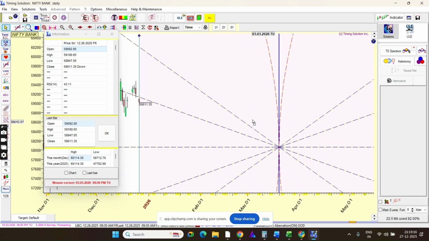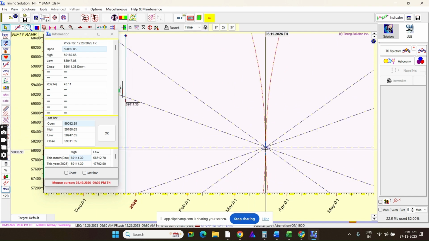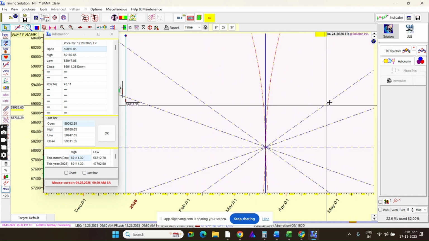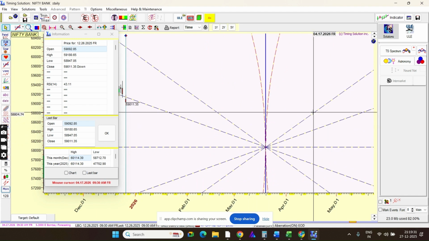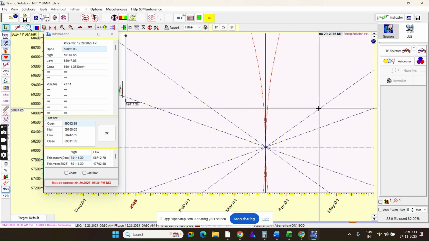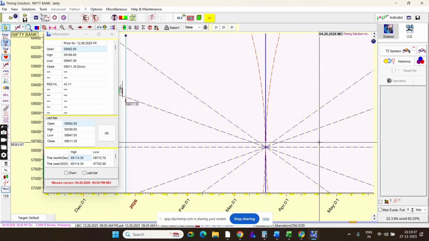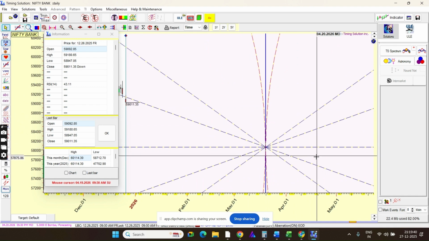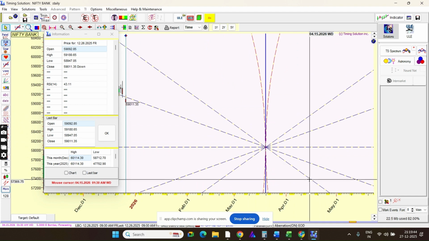Once we cross the March date, we have the cluster of angles separating out from here. These will be the ones above which the trend will be smooth. This is the 1 by 2 angle, this is the base 50% level, this is the falling 1 by 2 angle, and this is the falling 1 by 1 angle.